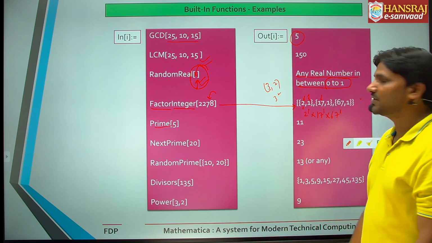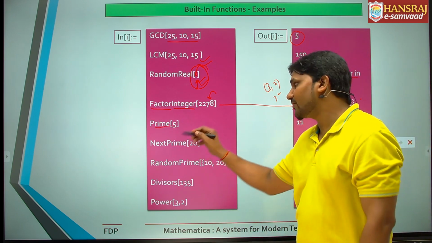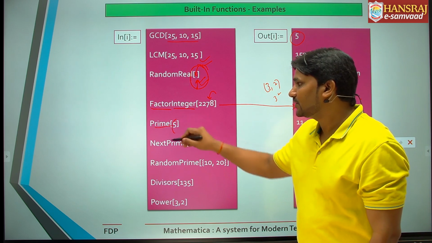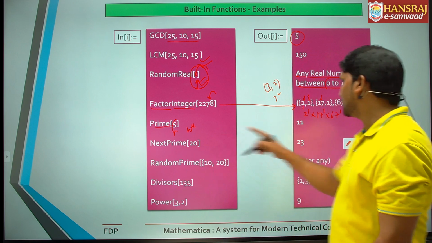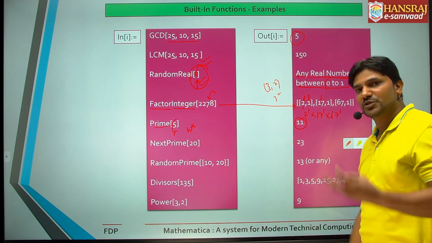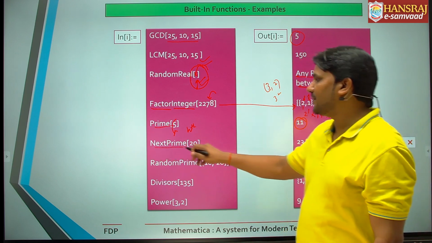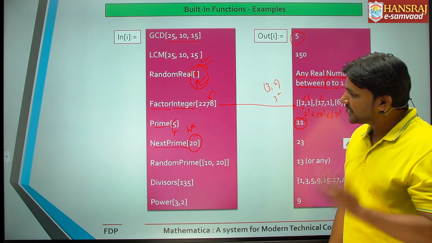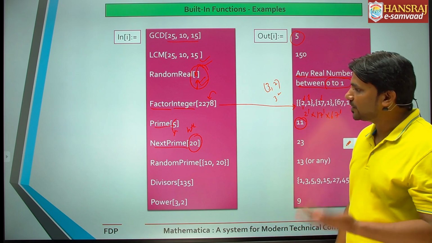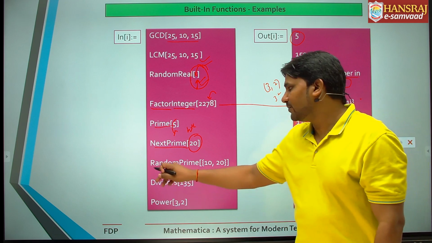You can find out the prime. Prime[5] means your fifth prime. So it will get the nth prime, where n is the input value. So you will get 11. So primes are 2, 3 like this, and the fifth one is 11. You can find out the next prime for any value. For example, you pick the value 20 and you want to find out the next prime, then the next prime is 23. Then RandomPrime is also there.